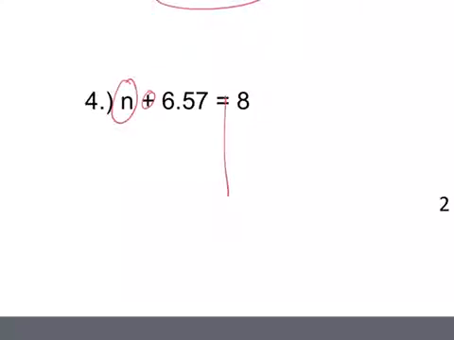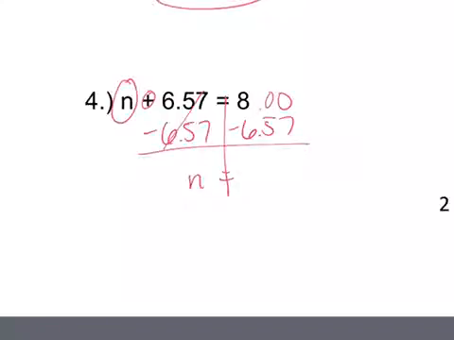This is a plus, we're trying to get rid of it. Minus 6.57. And can I do that in my head? No. Don't mind me. 1.43. Except minus 6 this one. And there we go.